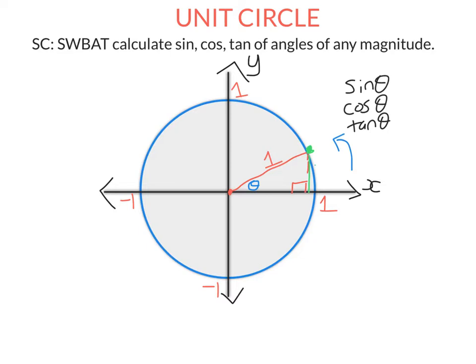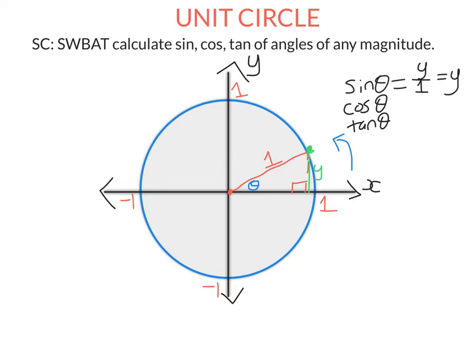So I'm going to call this distance y. Sine theta is therefore just y, opposite over hypotenuse. Of course, we don't need to write the over 1. Sine theta is just whatever the y-coordinate is of this point. Remember, the y-coordinate of this point would be less than 1 because this distance is 1. And obviously, from here to here would be less than 1.